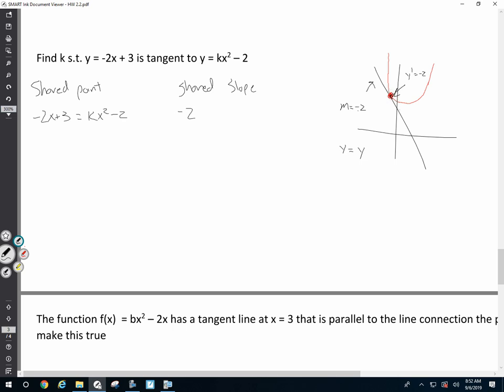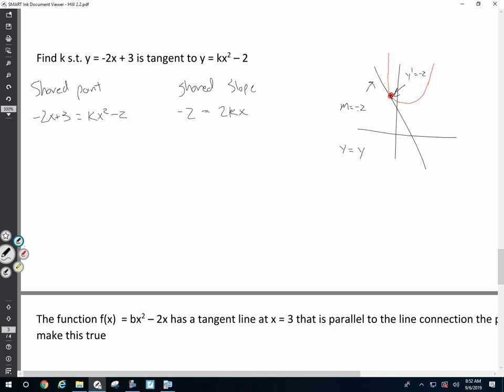Where the slope of the line, or the derivative of this, will equal the slope of this. Okay, the derivative of 2 is just 0. Okay, what do I do? Well, I got two equations and two unknowns. Use my friend substitution. Now, what should I substitute? It's actually going to be easy if I solve this equation for one of these variables.